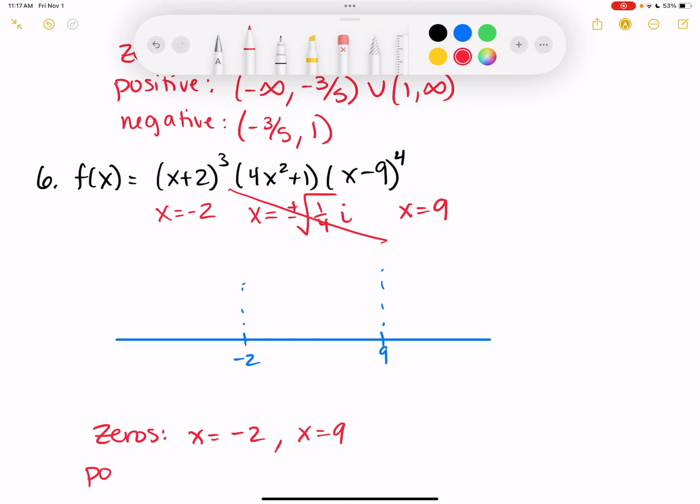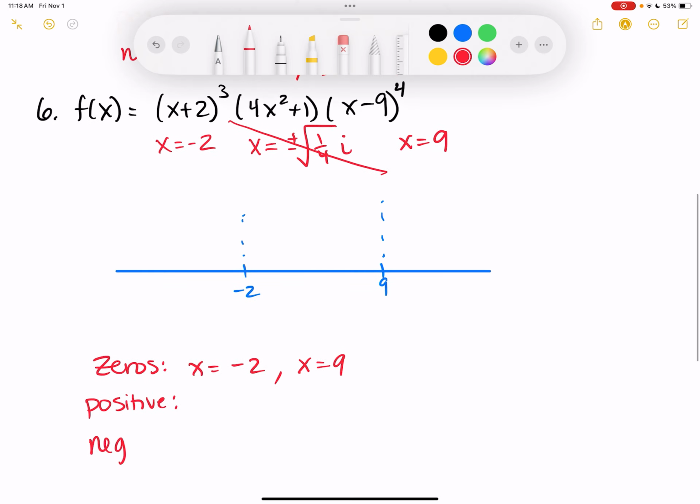And I want to find where it's positive and where it is negative. So what number should we choose here? Negative 3. When I put that in here, what's going to happen? Negative. Yep. Negative. And obviously we're cubing that value.